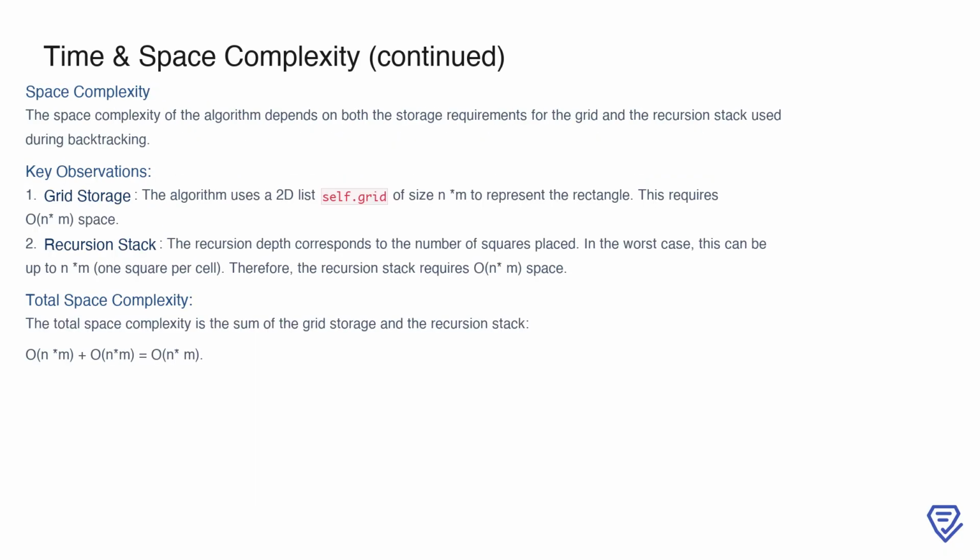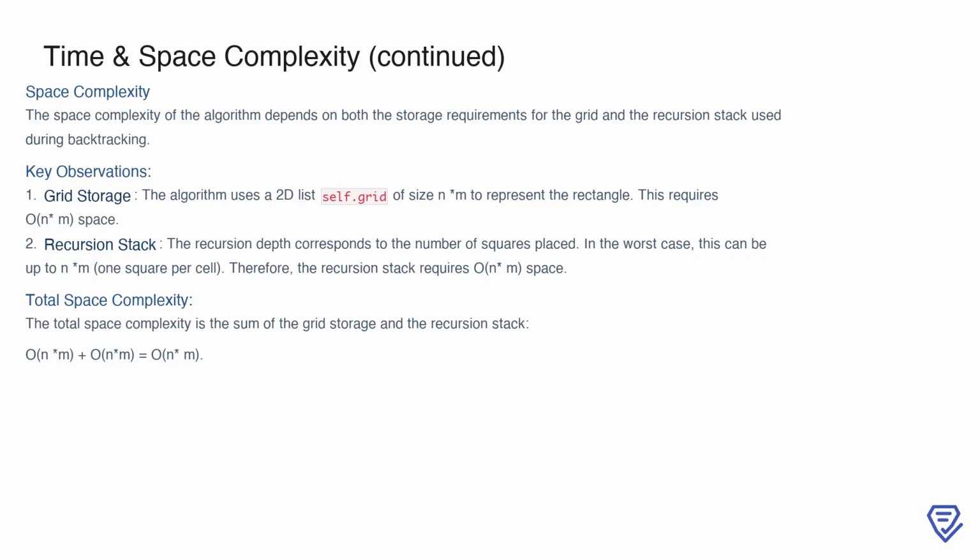In terms of space complexity, the algorithm's requirements are determined by two main factors: the storage for the grid and the recursion stack used during backtracking. The grid is represented as a 2D list of size n*m, which directly translates to O(n*m) space. The recursion stack, on the other hand, grows with the depth of the backtracking calls.